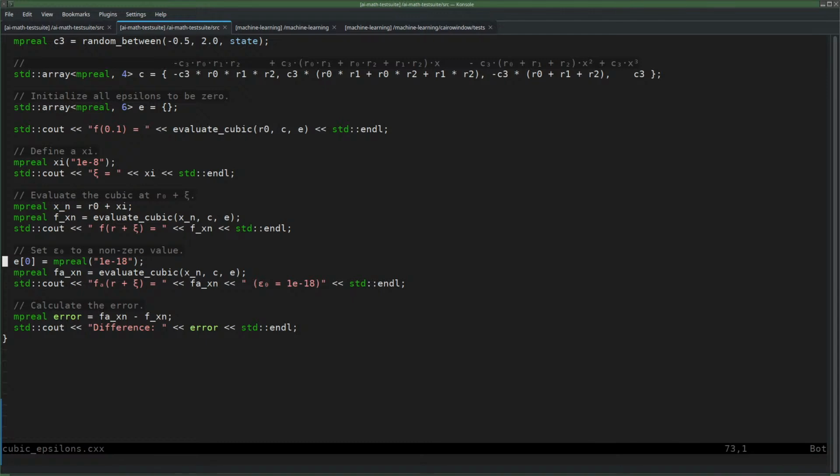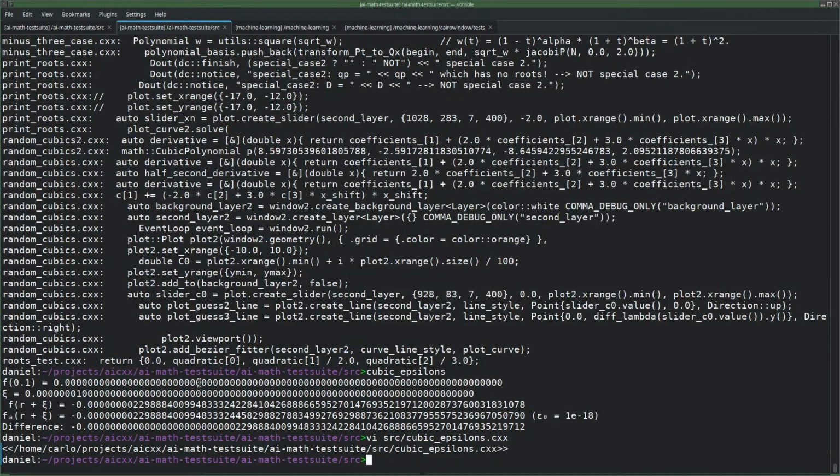Okay, so I set only epsilon 0, and then we have an approximation of f at xn using this epsilon, and then we can get the error term of that. So all in all, this prints, you see, the root is a supermachine root.